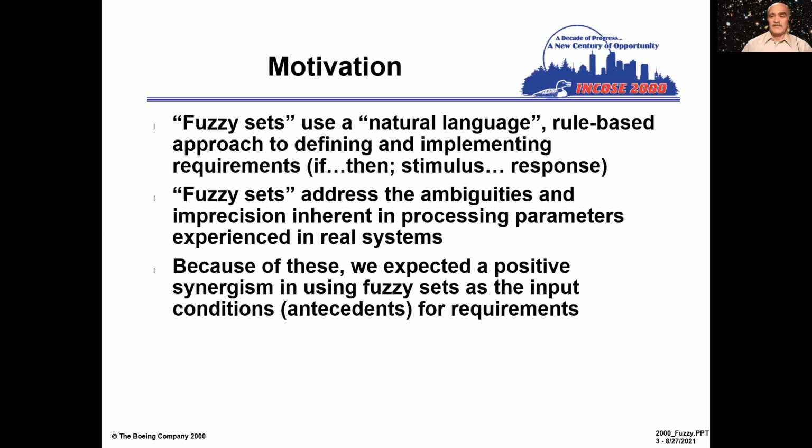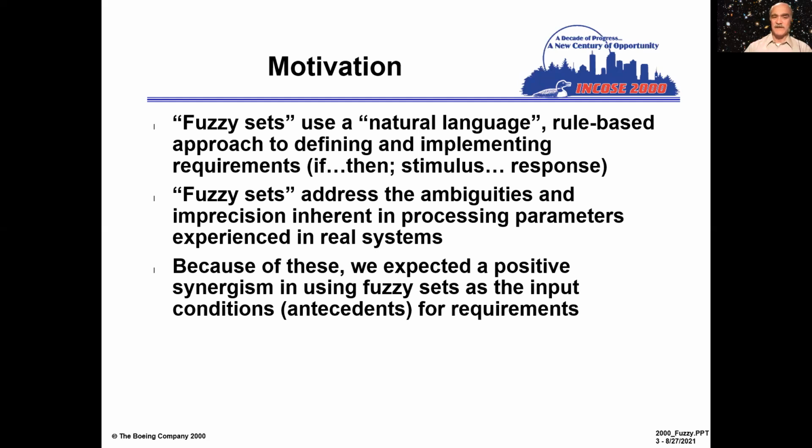So fuzzy sets use a natural language or rule-based approach to processing. And I thought, well, natural language is what we do in requirements, so perhaps fuzzy sets might be useful in helping us do a better job on that.